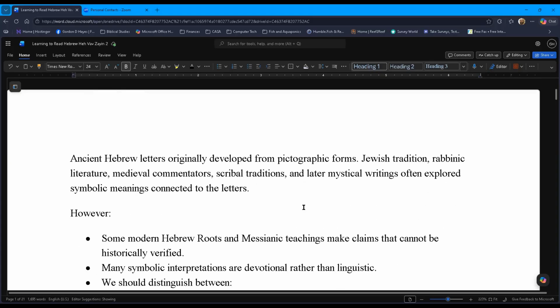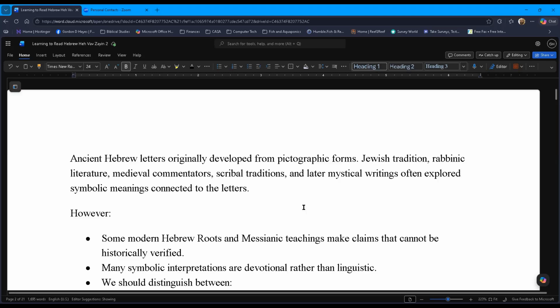Ancient Hebrew letters originally developed from pictographic forms, and I think Rabbi Jay has made a very good point that Joseph probably was a father of the writing of Hebrew, and he would have taken the pictographs of the Egyptian language and transformed them into letter depictions.